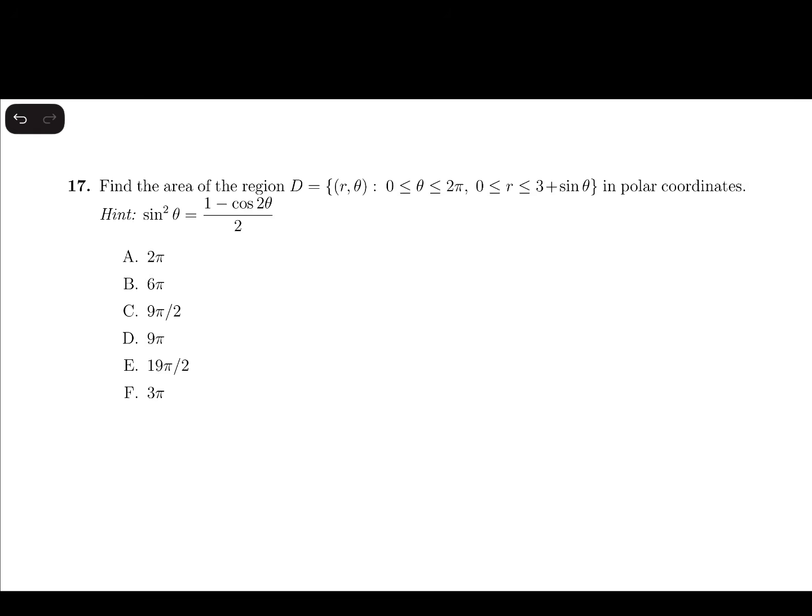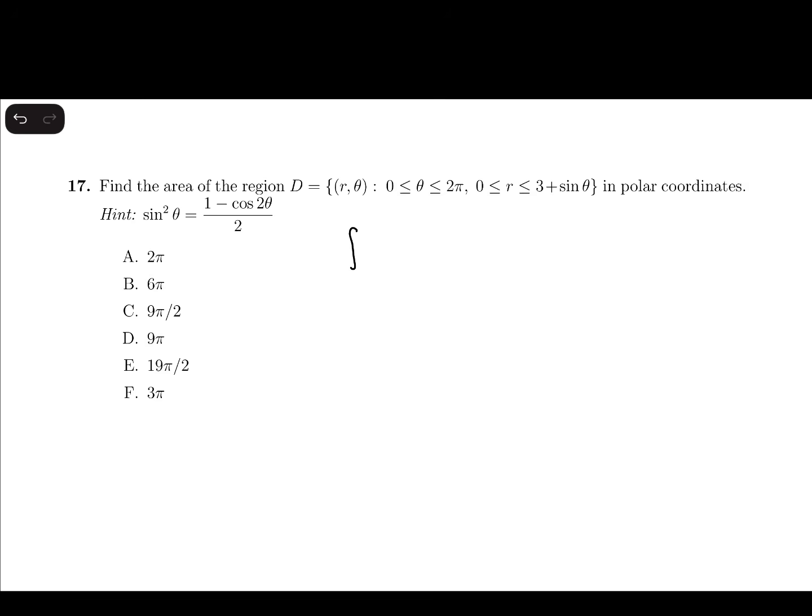Question 17 asks us to find the area of the region D equal to r, theta, where theta is between 0 and 2 pi, and the radius is between 0 and 3 plus sine of theta in polar coordinates. So what basically just happened is that they did half of the work for us, so we just need to set up the integral and do the work for it. That is incredible. So let's set up the integral.